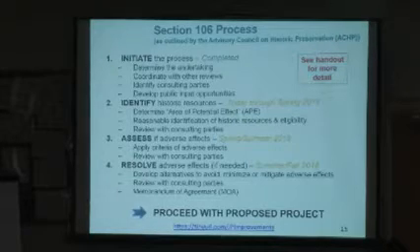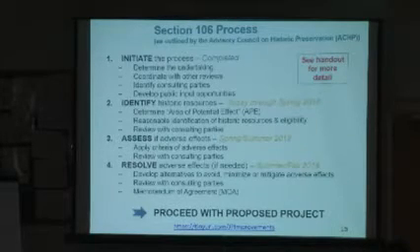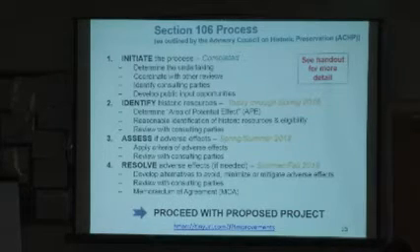So again, we've already initiated the process, inviting you all here, determined the undertaking, as I just went through the definitions of that, and that was determined by FHWA. And we have developed a rough schedule of public input opportunities following the Section 106 guidelines.